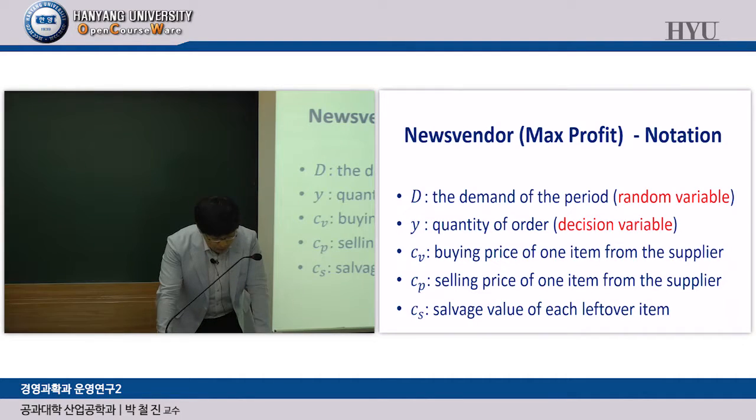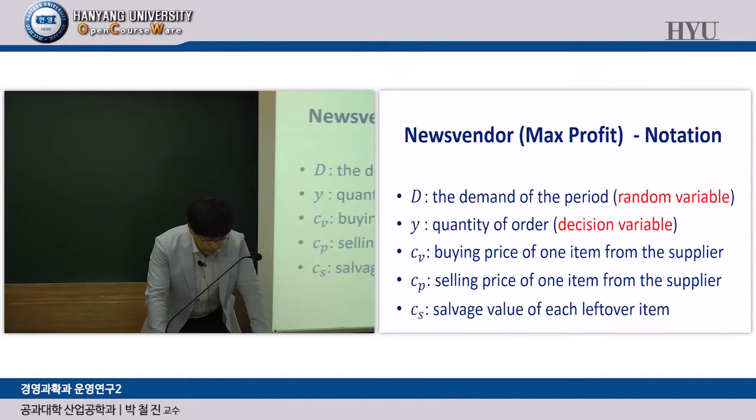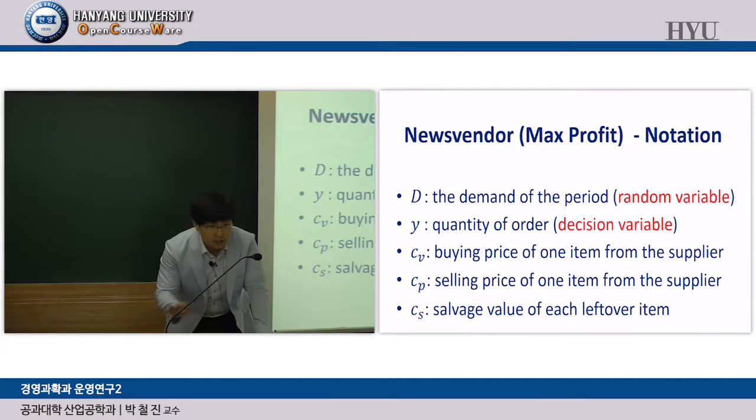And Y represents the quantity of the order. We can determine the number, but as long as we determine a number for Y, then we need to operate the system with that number. So even though we can change this value Y, as long as we determine just one number, then we need to operate this system with that number.